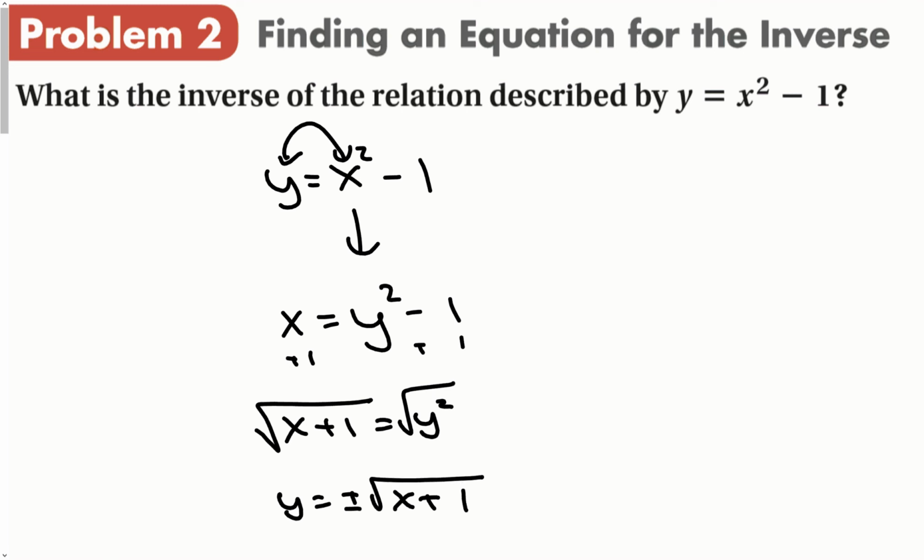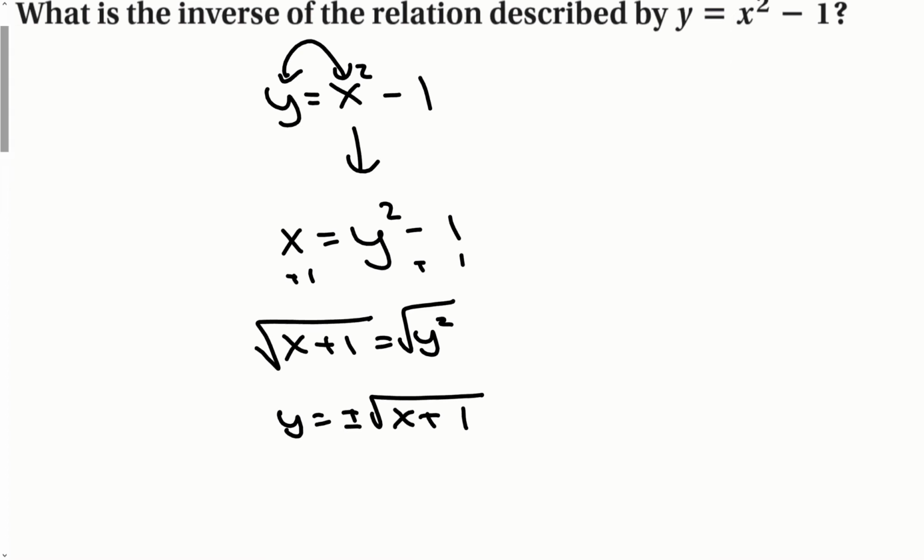Okay, and now in this case, this would not be a function because an input into x would give me two answers, right? Let's plug an easy number in there, 0. So I would get +1 and -1. Okay, so it doesn't work. It's not a function. You can still find the equation of the inverse. Yeah, there it is. It just doesn't happen to be a function.